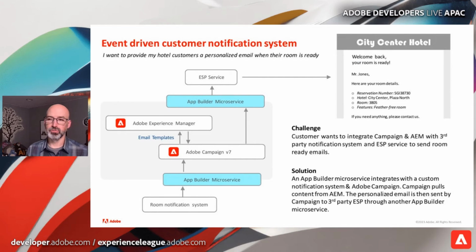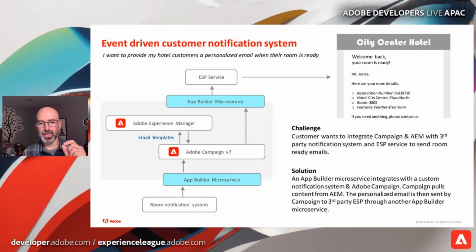Another example use case is around providing notifications, or streamlined data between multiple systems. They wanted to integrate Campaign and AEM with a third-party notification system and ESP service to send room-ready emails.